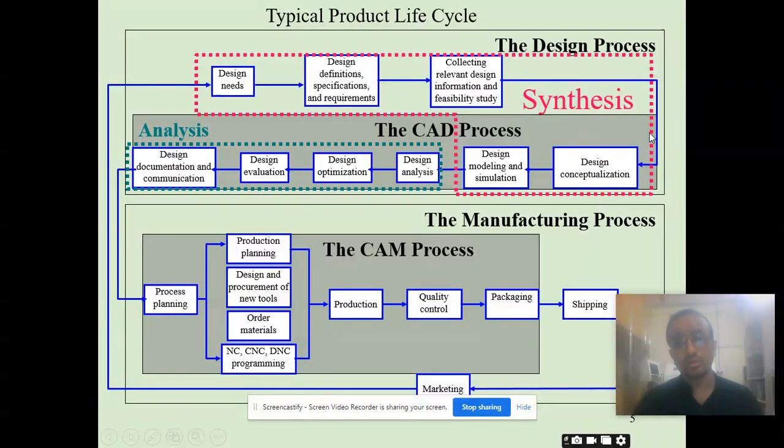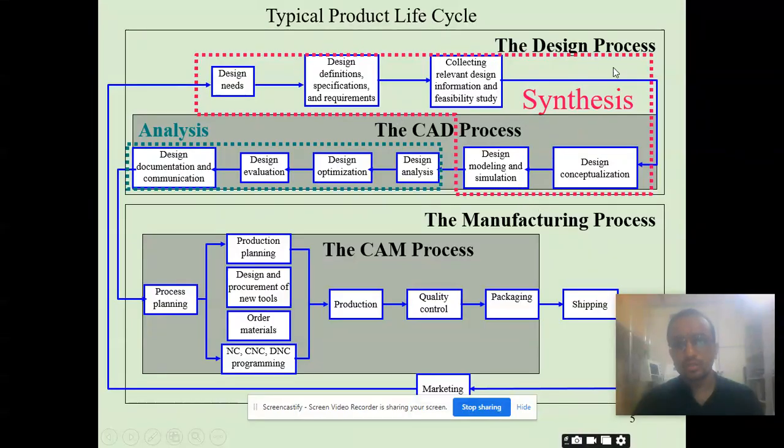So afterwards, what we'll do? We'll do the design computationalization, then design modeling and simulation in the process of CAD design using various CAD software. You can see this red mark, this red dotted line or the pink dotted line. This comes under your synthesis up to the design, modeling and simulation.